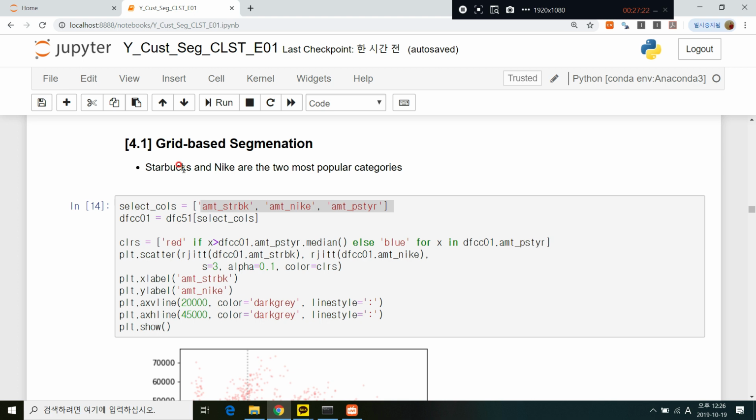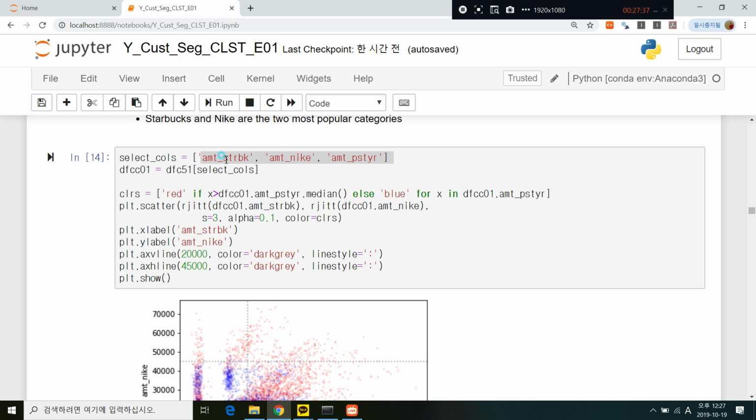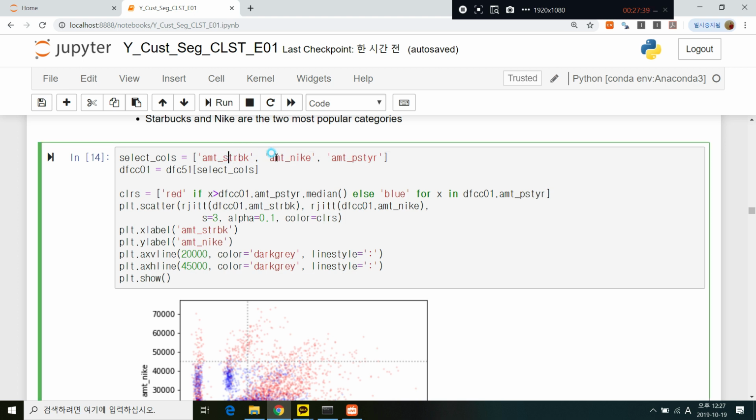Many guys used this category, and Nike was second. Thus, we select two popular categories. Here, we choose two categories and the total amount of spending for profiling purposes.